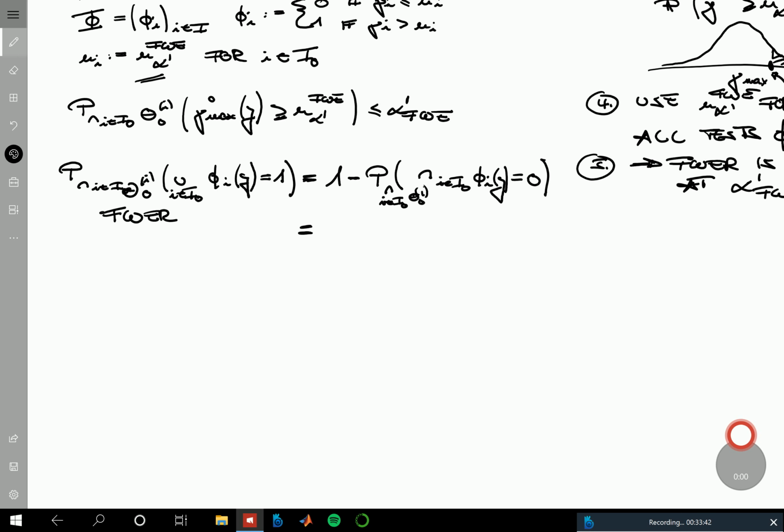Now, the probability that all of them come out 0 means that we're talking about the probability, under these null hypotheses, that all the test statistics are smaller than u FWE alpha prime, where these I1, I2, and so on are the test statistics where the null hypothesis holds.